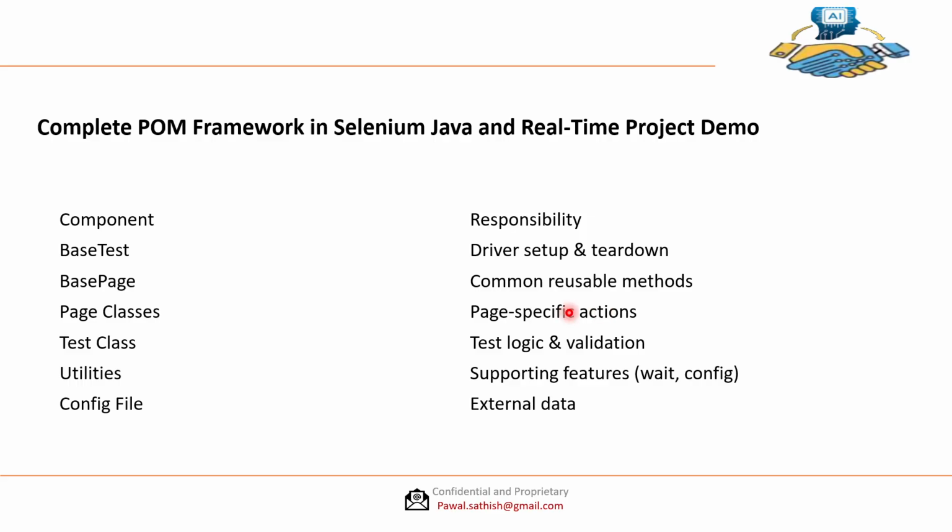The page classes hold the page-specific actions. In the test classes we write the test logic, validation and assertions. Utilities hold supporting features like wait, config, and whatever common things we can put in utilities components. And the config file is used for external data, like we can store the username, password, and URL.